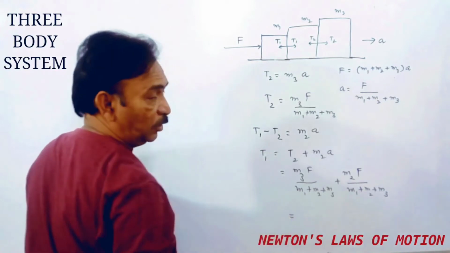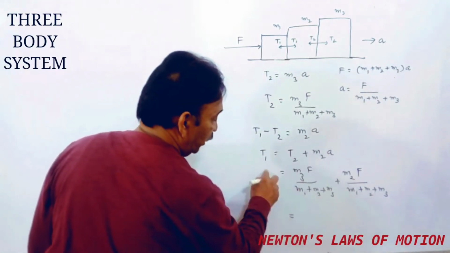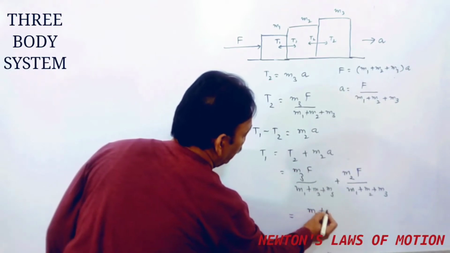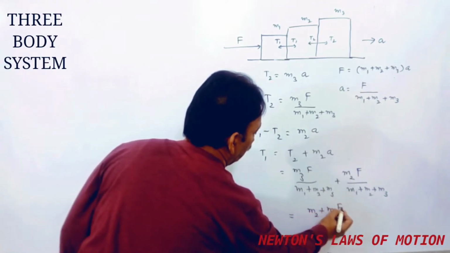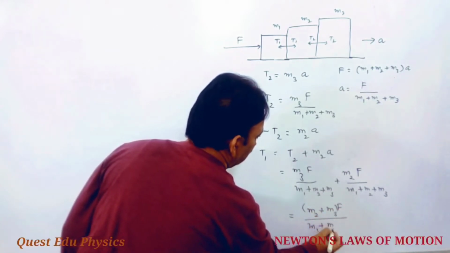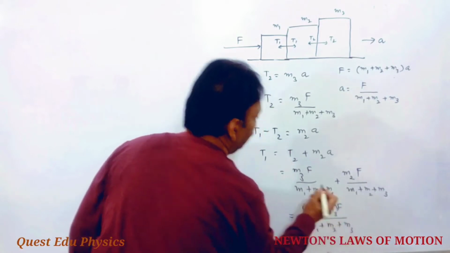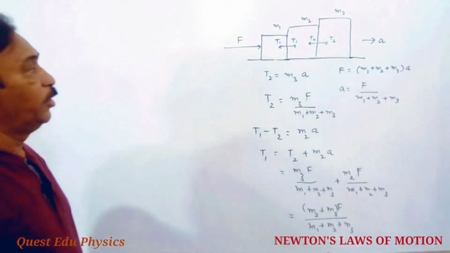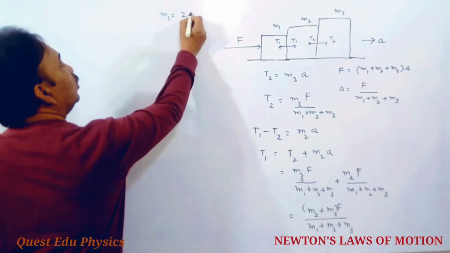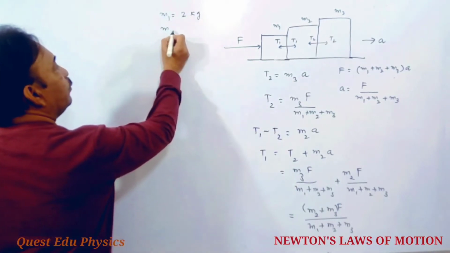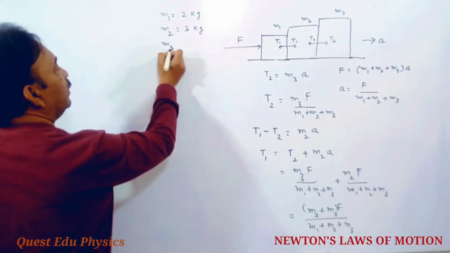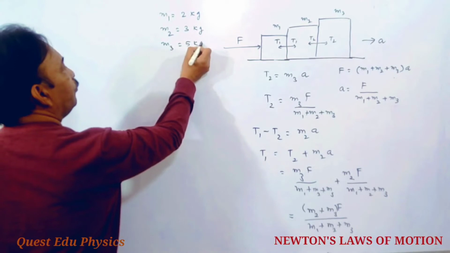Then we have to find out the T1 as what? (m2 plus m3) times F upon m1 plus m2 plus m3. Okay, quickly we do a problem. Let's say m1 is equal to 2 kg, m2 is equal to 3 kg, and m3 is equal to 5 kg.